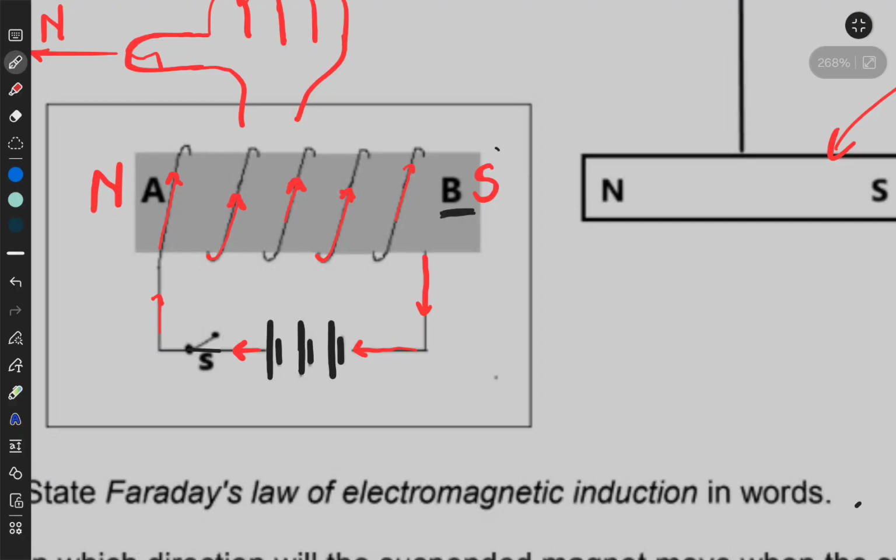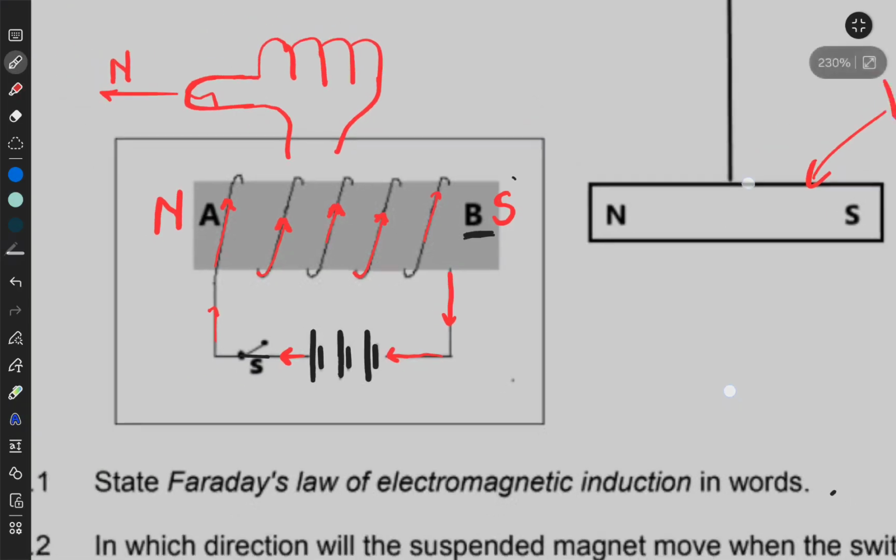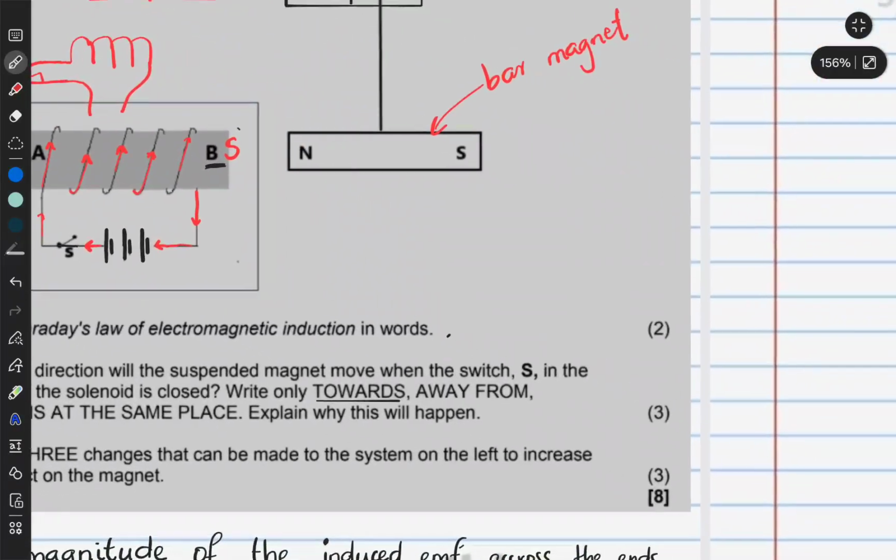Another thing you can do is increase the number of coils. Yes, that counts. And you can also increase the current. Yes, I think that one would work. You can increase the current by probably using a bigger battery. Those are the acceptable ones.